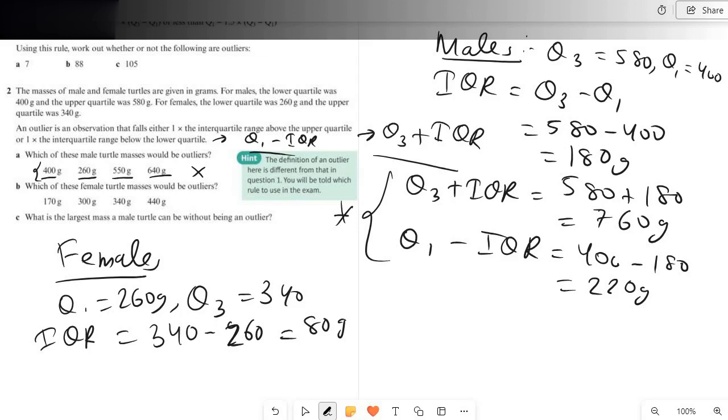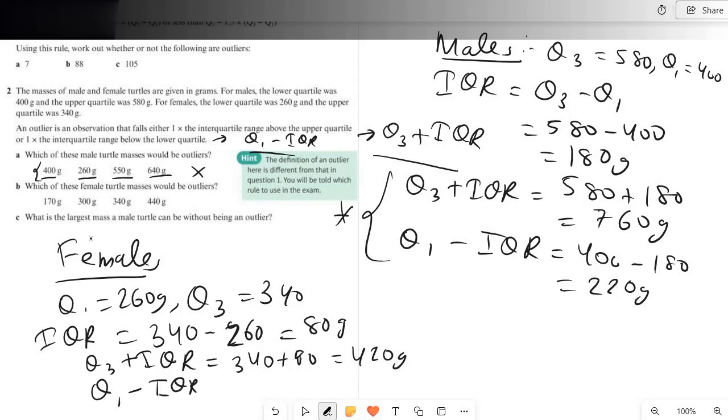So Q3 plus interquartile range is going to be 340 plus 80, and this is going to give us a value of 420 grams. Similarly, Q1 minus interquartile range is going to be 260 minus 80, which gives us a value of 180.